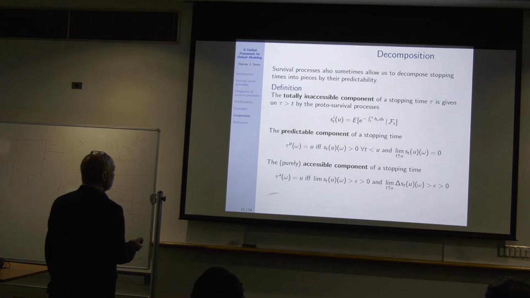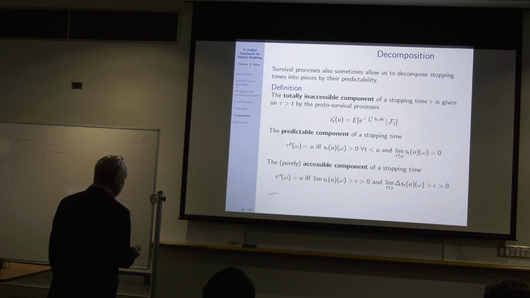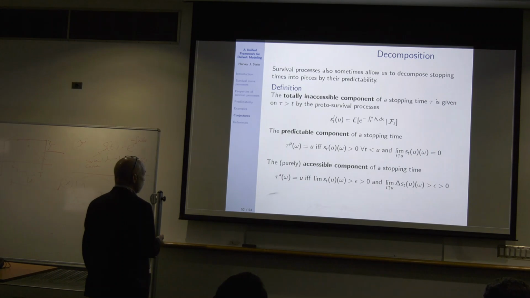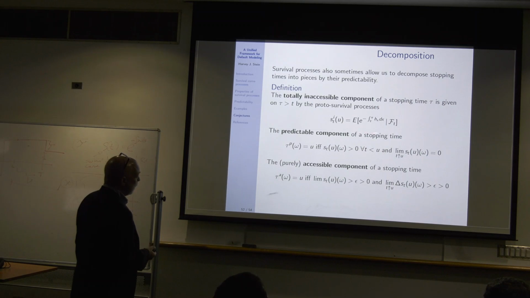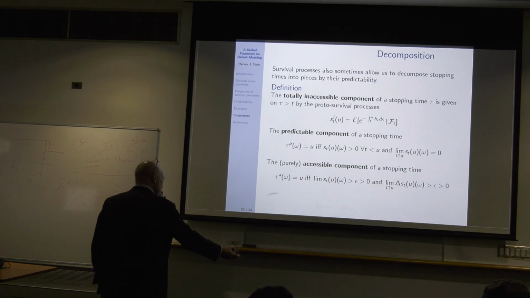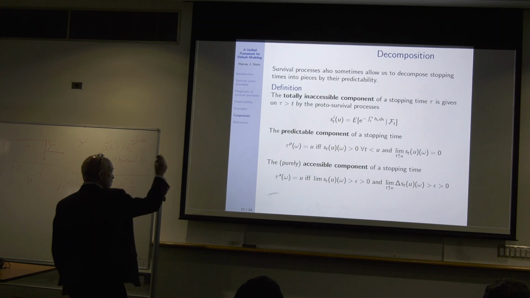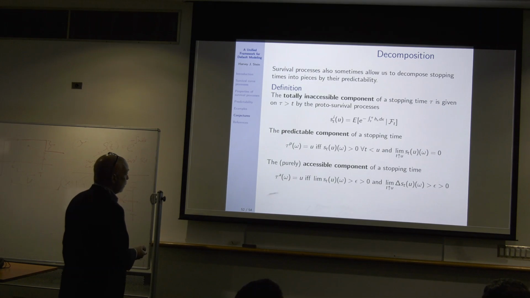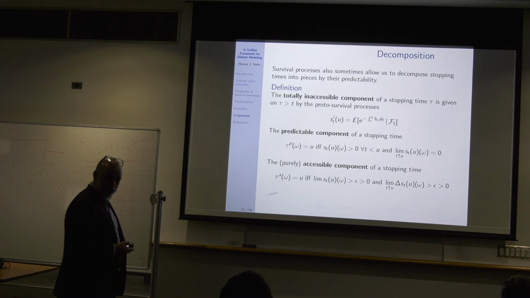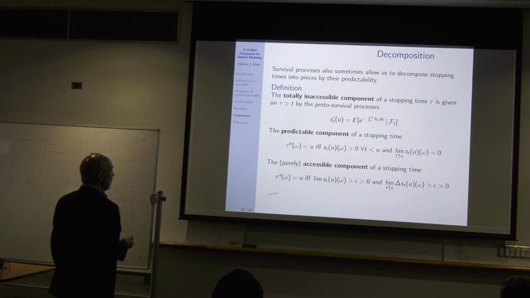And then finally, we try to decompose everything. We take a survival curve, and we can try to strip off the accessible part by computing the conditional expectation of the instantaneous hazard rate. So you have a stopping time, you have the survival curves, you construct the instantaneous hazard rate, and create a new survival process by doing e to the minus integral of the instantaneous hazard rate. That should be the totally inaccessible component of your stopping time.